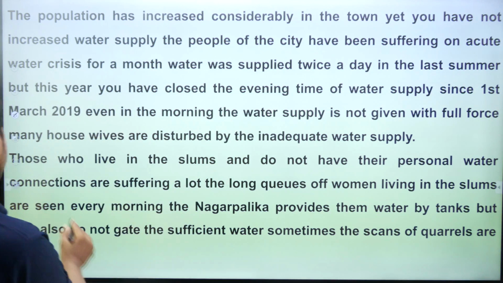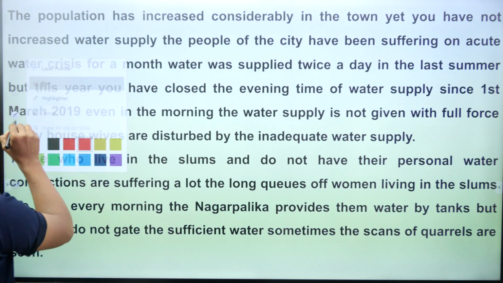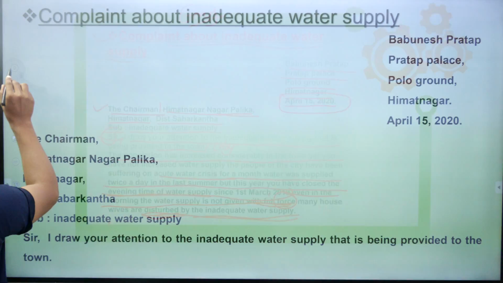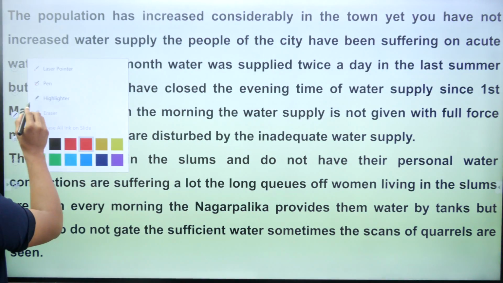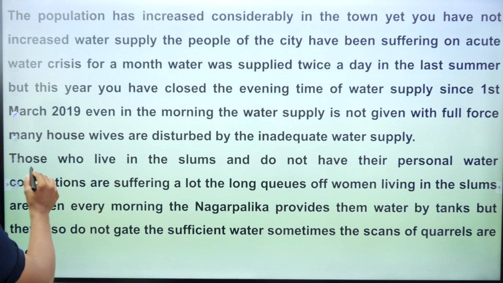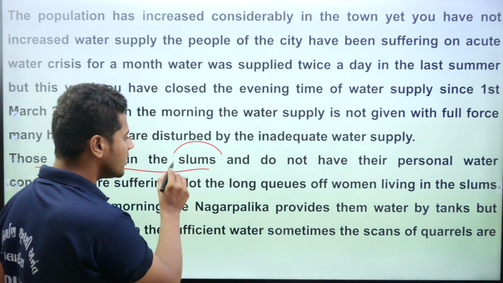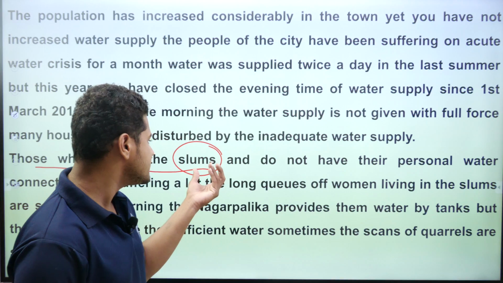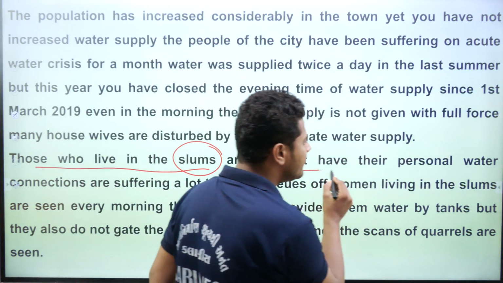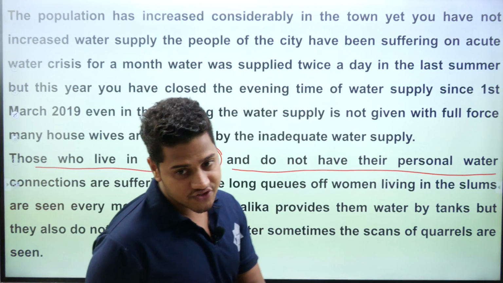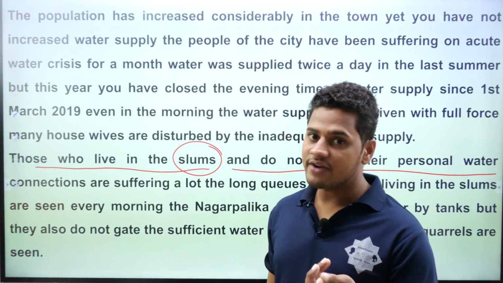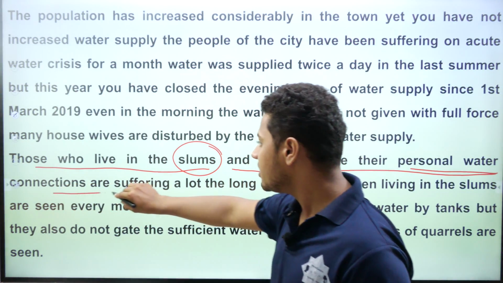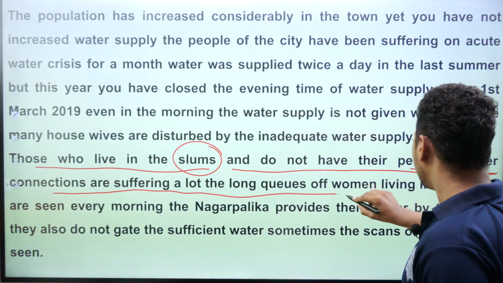Mostly the water supply problem is for those who live in the slums, the places with very high density of population. Those people living in the slum area do not have their personal water, because they are in a very dire financial stage, so they do not have the means for personal water storage or connections, and they suffer a lot, with long queues of women living in the slums.